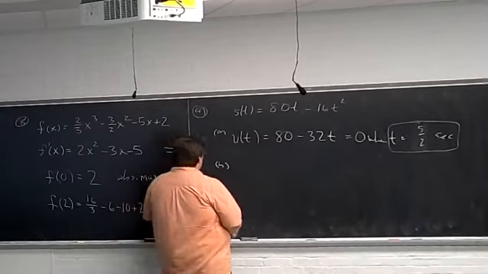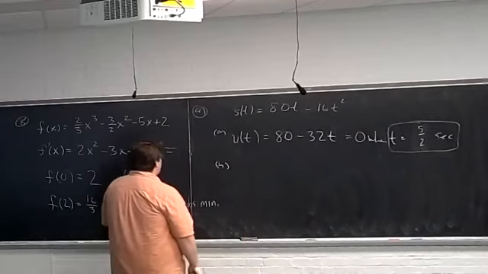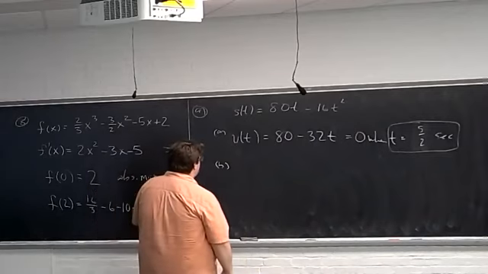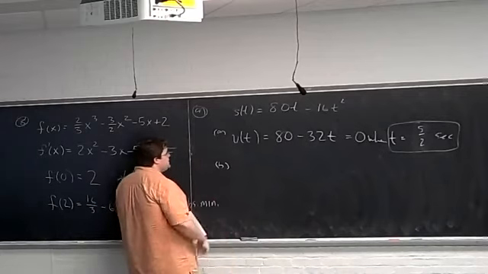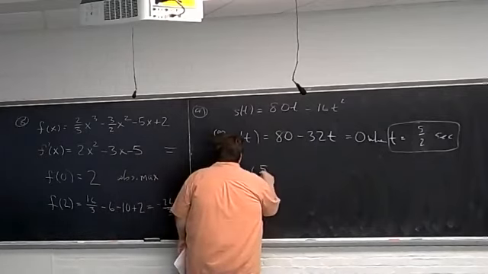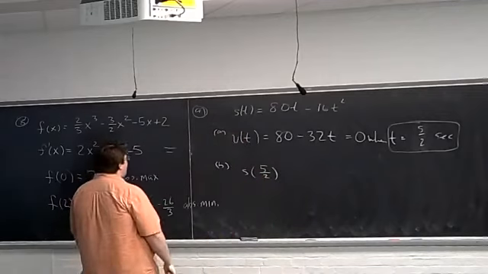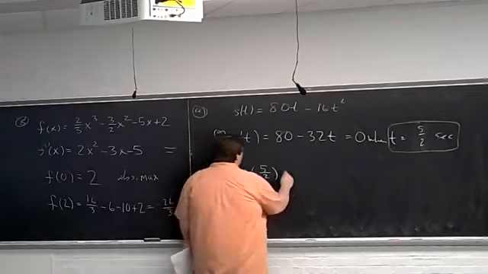Part B. What is the maximum height reached by the ball? Well, at its highest point, its velocity is 0. At 5 halves seconds, it's at its highest point. We want the position at its highest point. Position at time 5 halves, S at 5 halves.